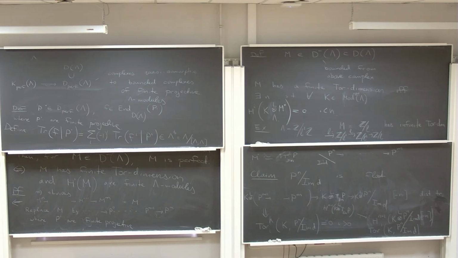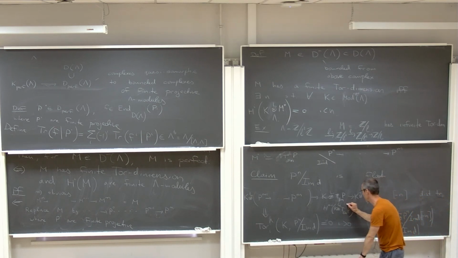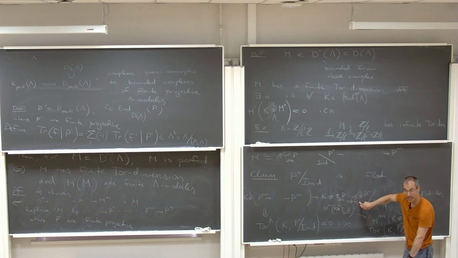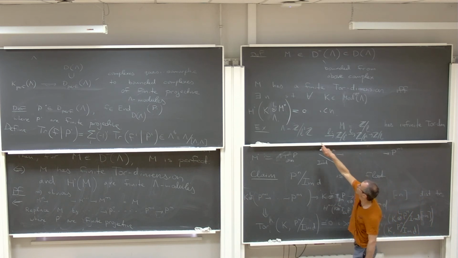So now this is 0 because the complex has no term. The degree 0 term of this complex is 0. Now this is 0 because the complex here is K tensored with M, right? This complex is quasi-isomorphic to M, and n minus 1 is less than n.